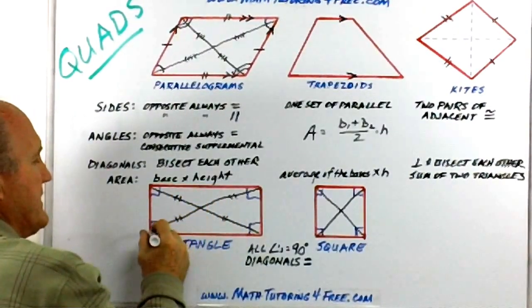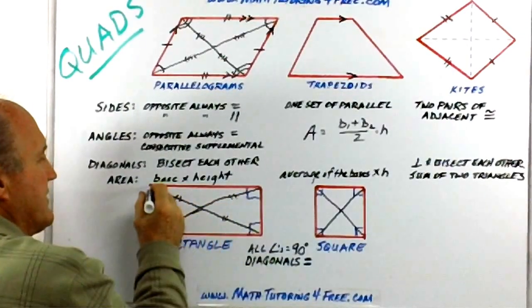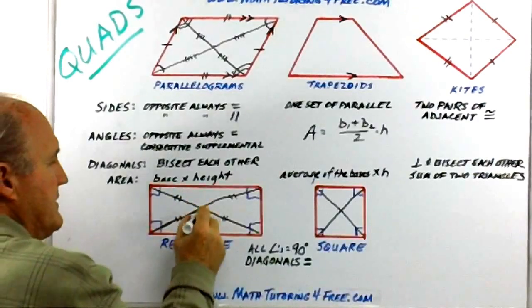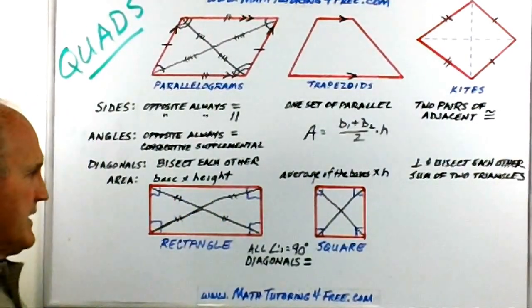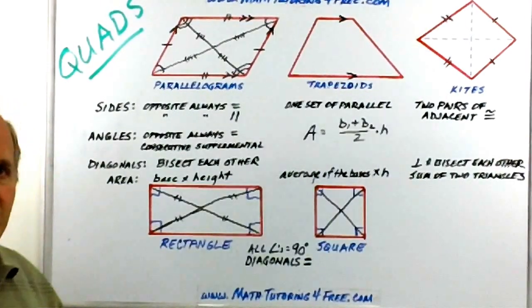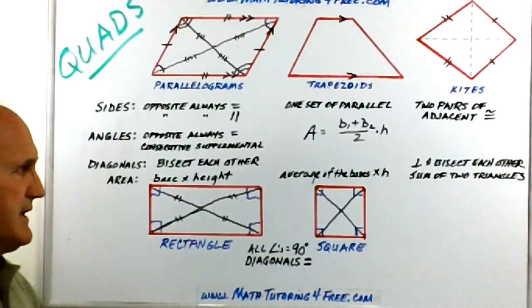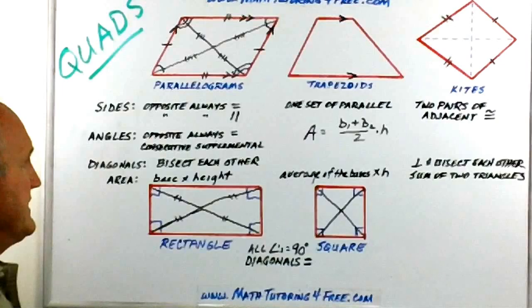Because that means this half is obviously equal to that half, but it's also equal to this half, and so this is 4 equal halves of diagonals there. So that's going to help you. We're going to do some problems that are based on that, but some fairly simple rules. I hope you find them easy.